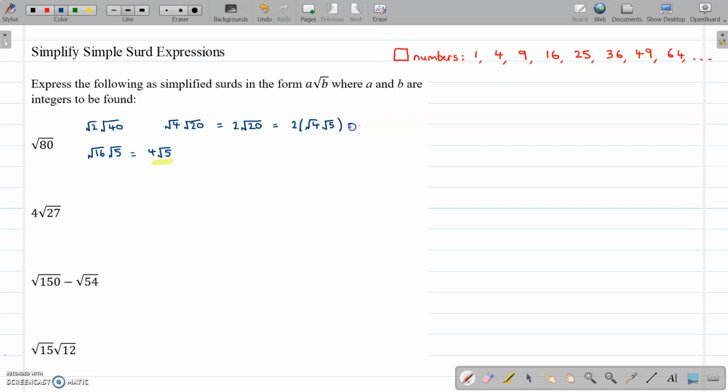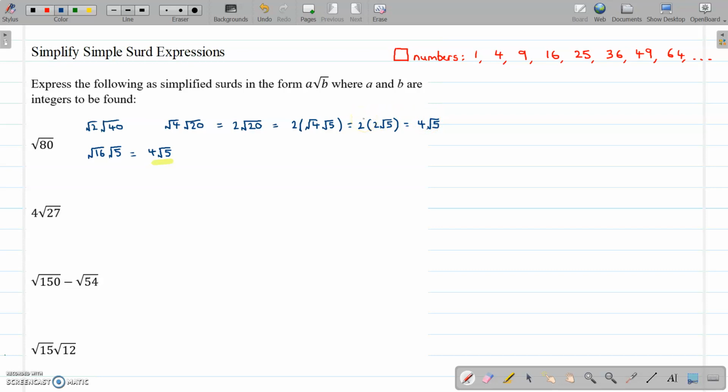So I could have written 2 lots of 2 root 5, which is the same as 4 root 5. I would have got the answer eventually if I'd carried on, so it's not wrong to go down that route, but you have to make sure you finish.